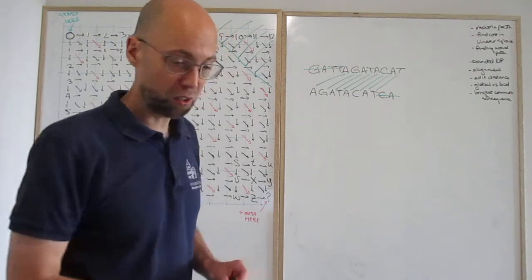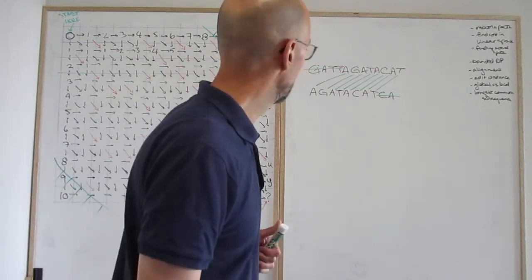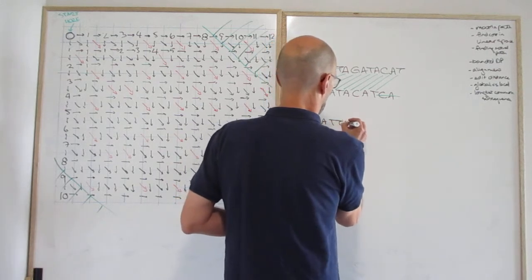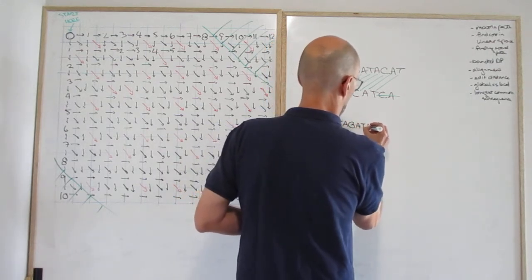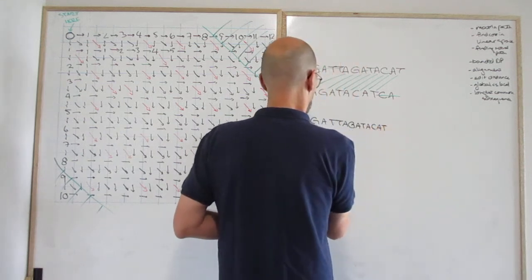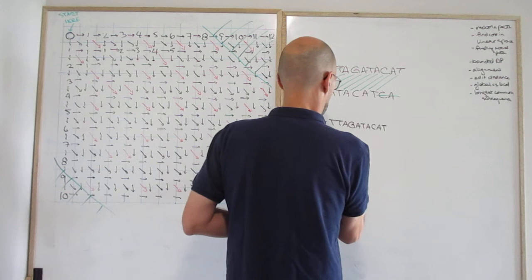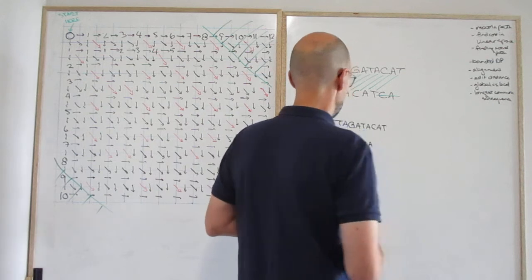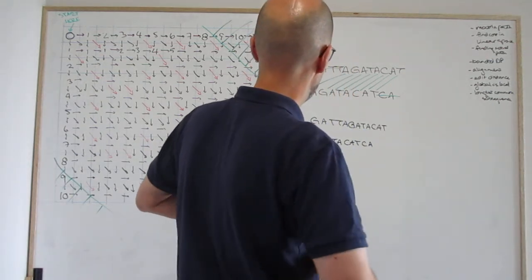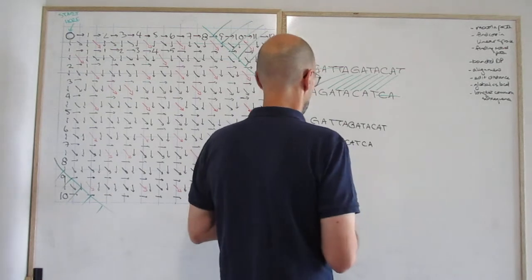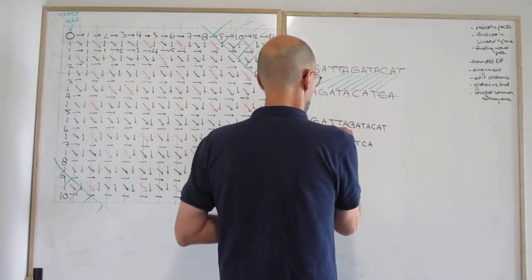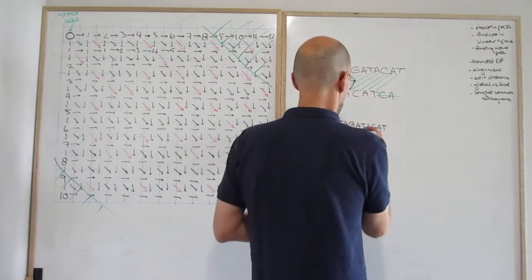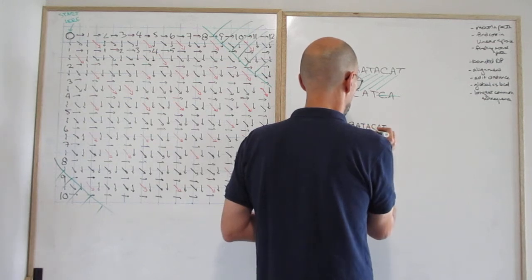I mean, you could also think, well, what if I do GATA, C is a mismatch, TCA.